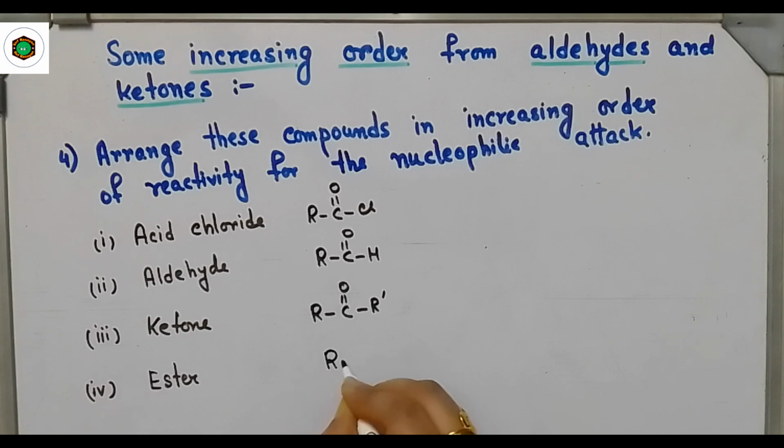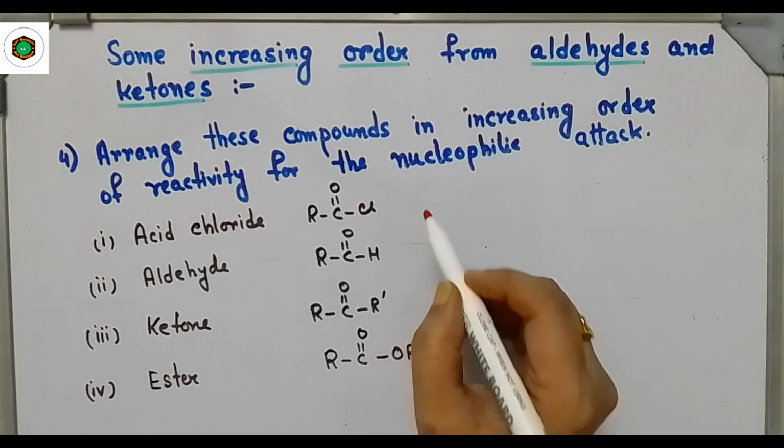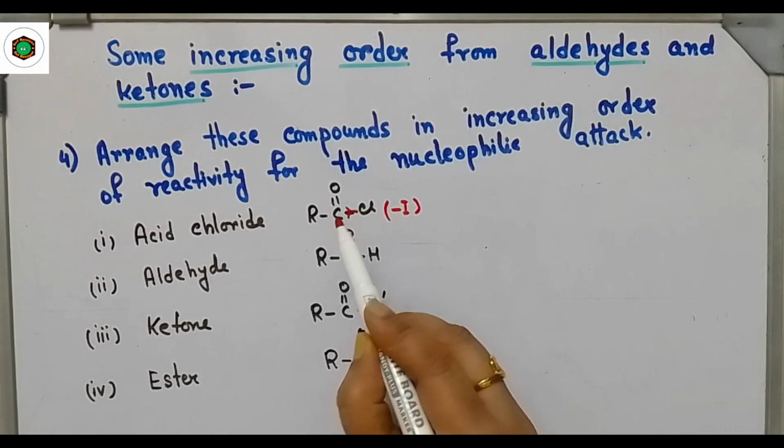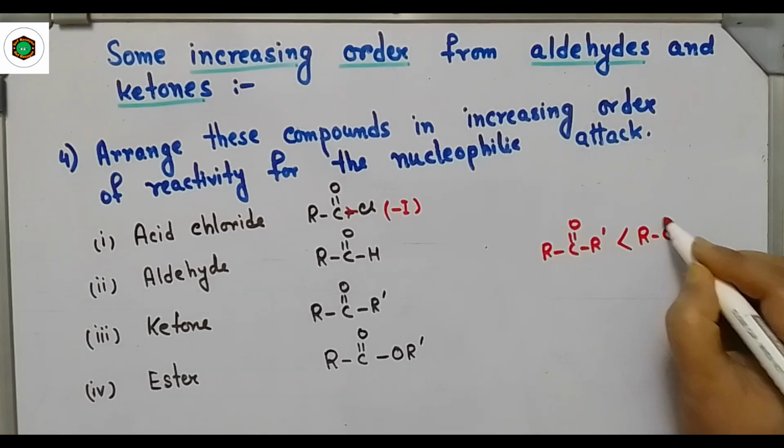Ester, RC double bonded O, OR prime or OR. Now see, Cl is having stronger -I effect. So it increases positive charge density on this carbon. And you know, between aldehyde and ketone, aldehyde is more reactive for nucleophilic attack than ketone due to steric and electronic reason. Aldehyde is more reactive.